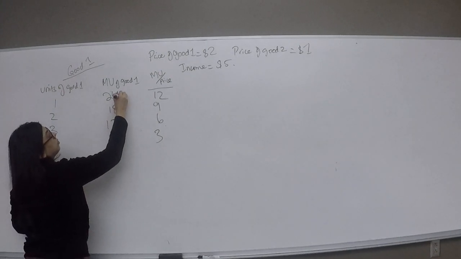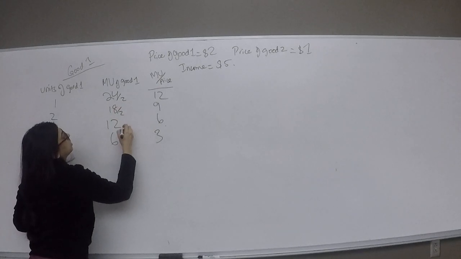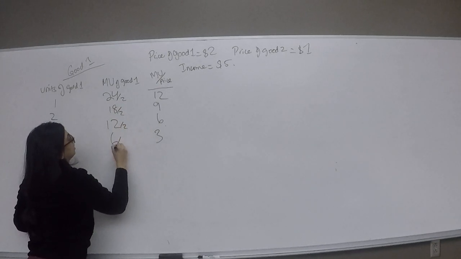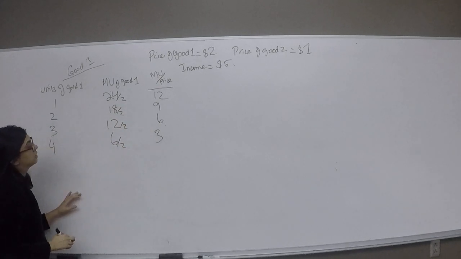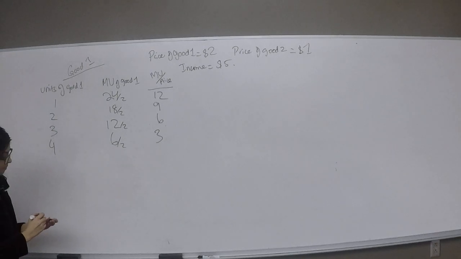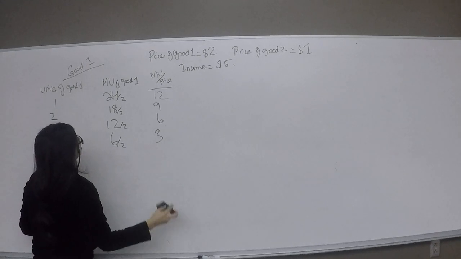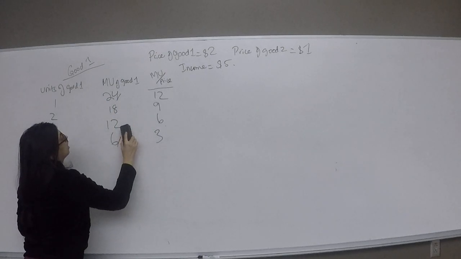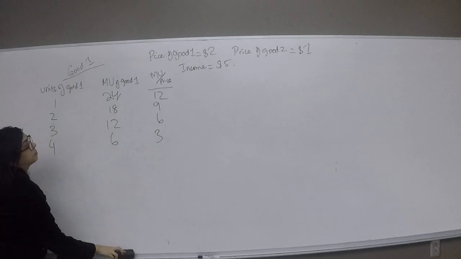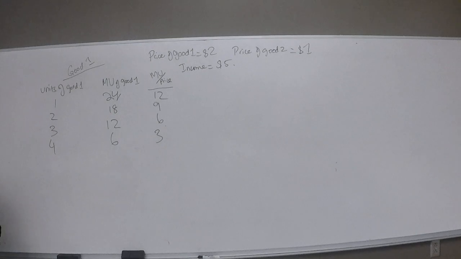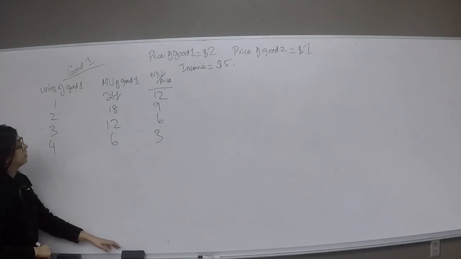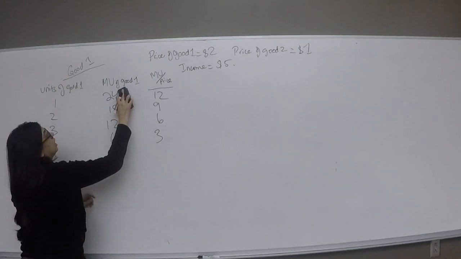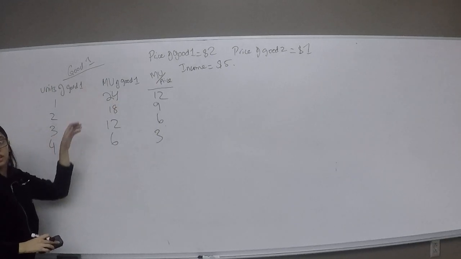So 24 divided by 2 is 12, 18 divided by 2 is 9, 12 divided by 2 is 6, 6 divided by 2 is 3. There's no total utility here because this one already gives you marginal utility.